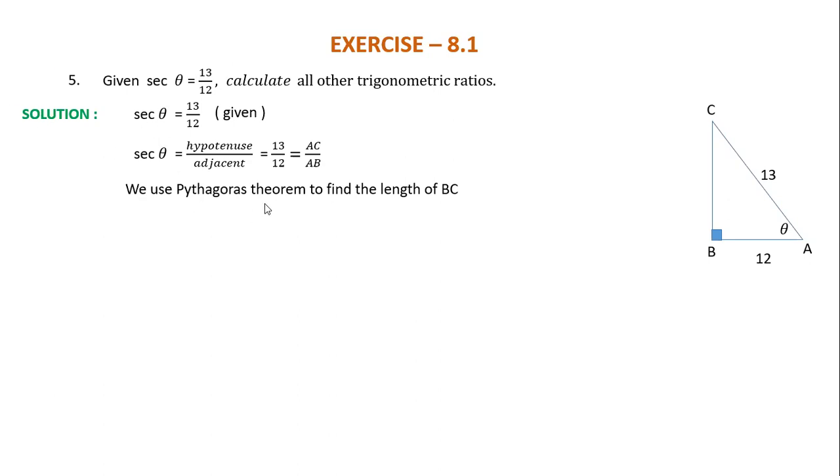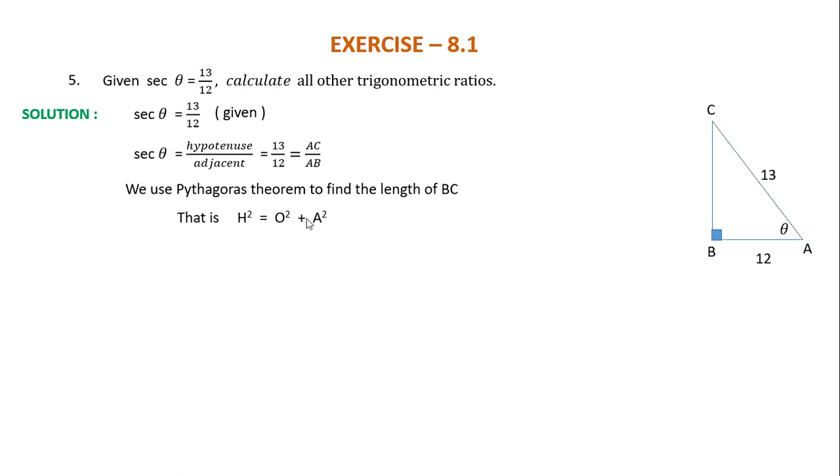Okay. So now let's see what is Pythagoras. Now I can use this way. Instead of writing AB square, BC square, AC square like that, I can write H square is equal to O square plus A square. O is opposite, A is adjacent, H is hypotenuse.